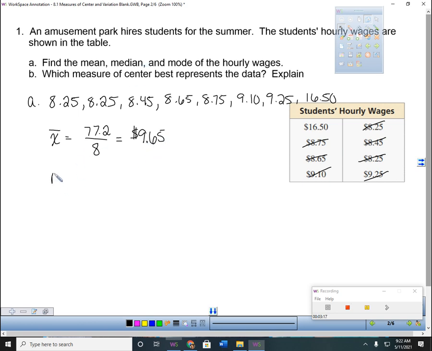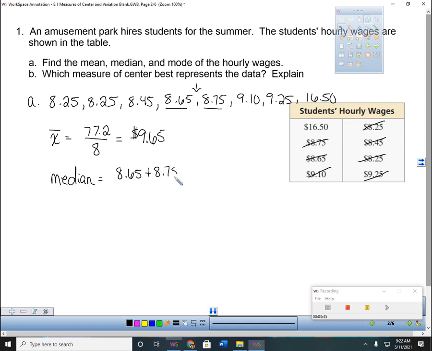All right, now we'll find the median. The median is the number in the middle. If I have an odd number of terms, there is exactly a middle. But since we have 8, half of 8 is 4. So if I went 1, 2, 3, 4 in, and 1, 2, 3, 4 in, the middle would be in between those two numbers. So I'm going to take those two numbers and add them together.